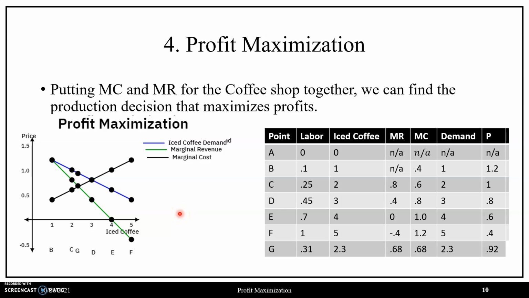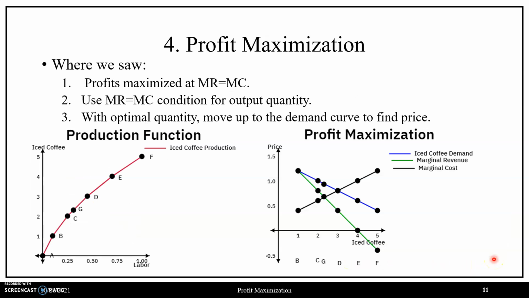So then our profit maximizing process leads us to point G for our profit maximization rule, in which 31% of the labor force is used to produce 2.3 units of iced coffee at a price point of 92 cents.